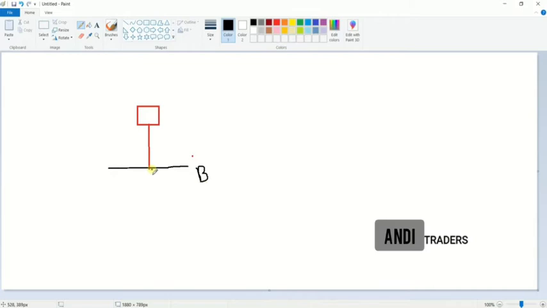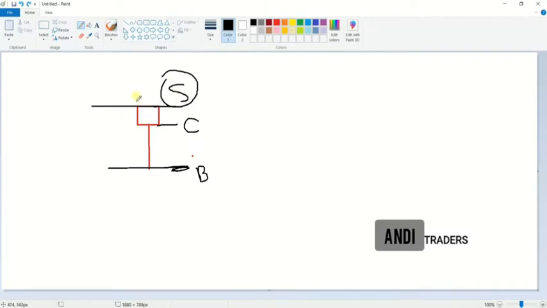You can see from this level we are seeing a buyer's entry to this level. This is the seller's area, and this is the closing point. As you can see, this closing point is near to the seller's area. The buyers are here. We can expect a buyer's entry from this level. We are seeing this buyer's entry from this level. So this is the seller's area.